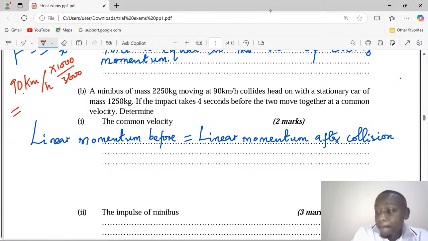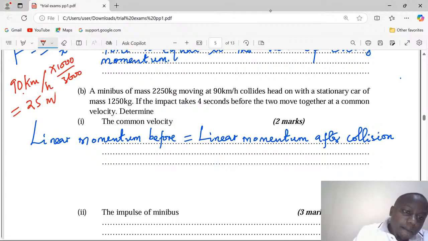Let me confirm: 90 by 1000, then we divide by 3600. This will be 25, not 20. So 25 meters per second.